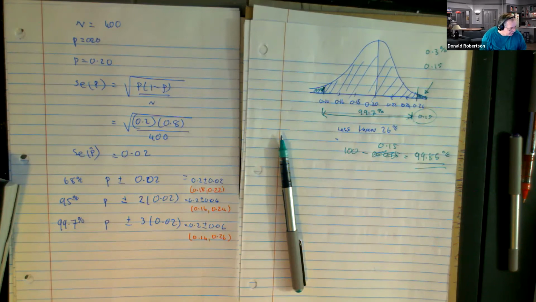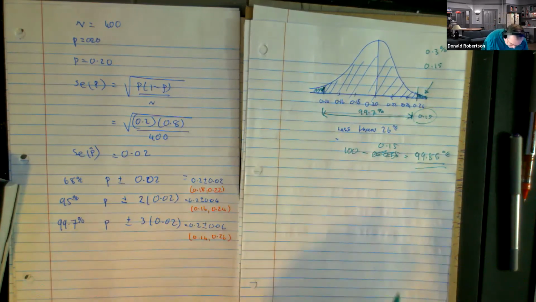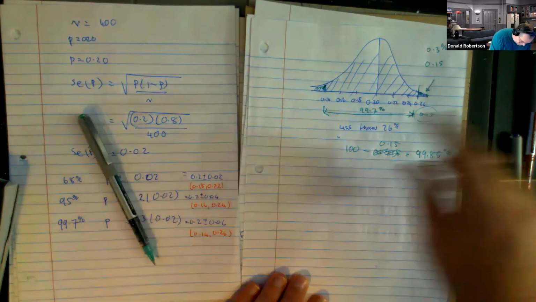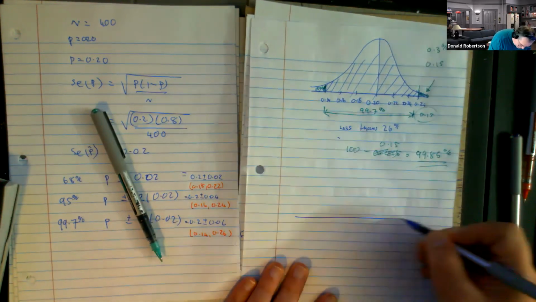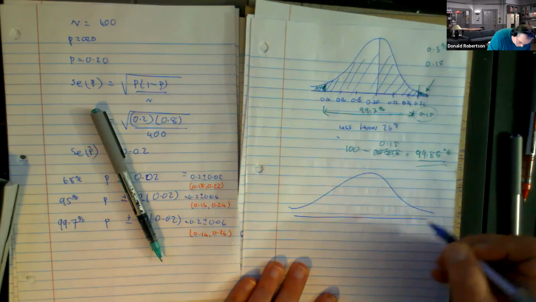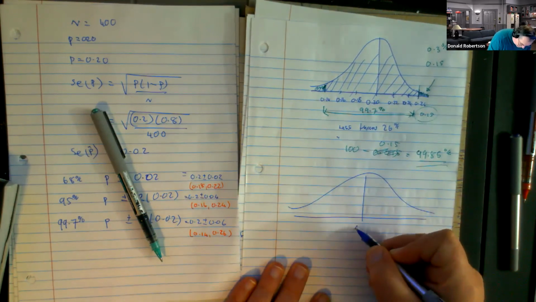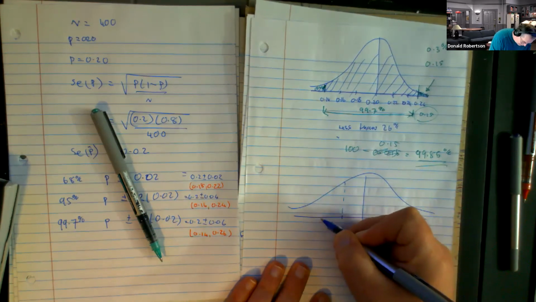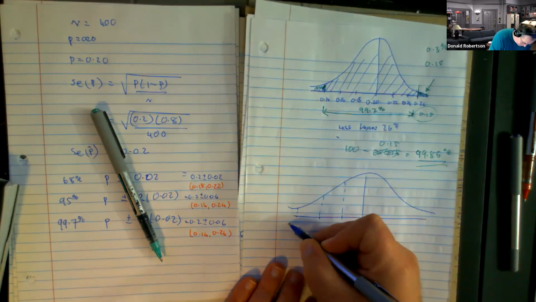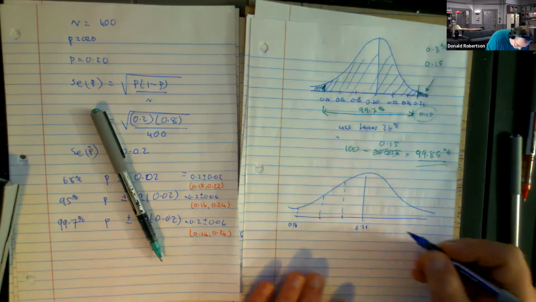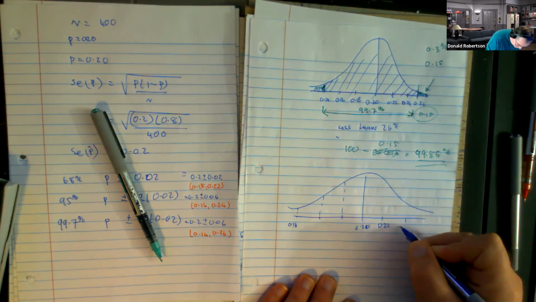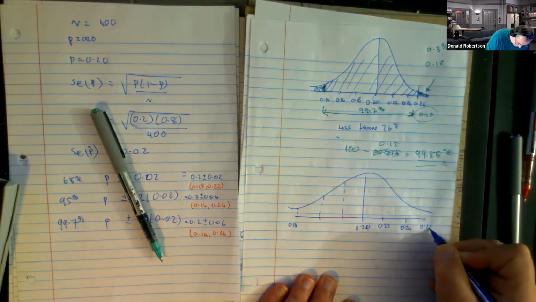Now, in the next one, it says 14 to 24. So I'll draw my picture again. And there's the middle. And we have 1, little dotted line, 2, 3. There's 14 here, 22, 24, 26.